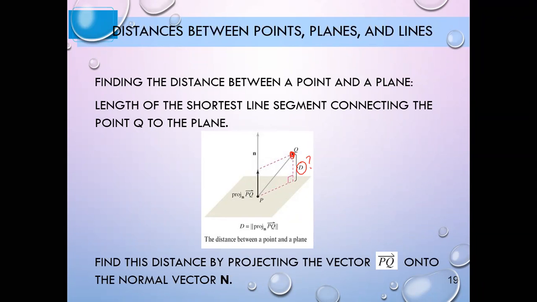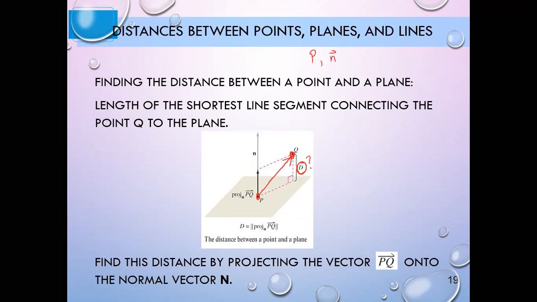Now remember, if I'm in a plane, I will have a point P and I will have a normal vector N. Yes? Okay. A point P and a normal vector N. Well, what you can do is you can actually compute the vector from P to Q. And then if I want this distance right here, what I really should do is project that vector onto the normal vector.